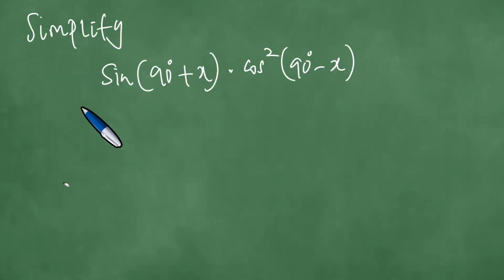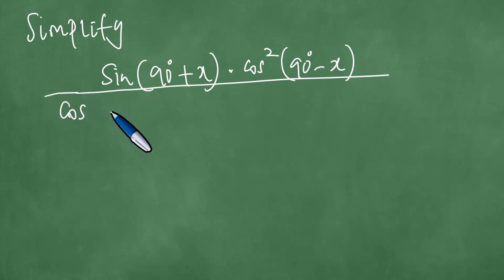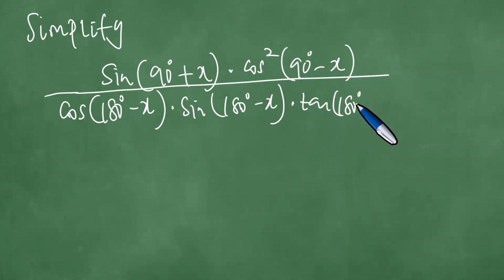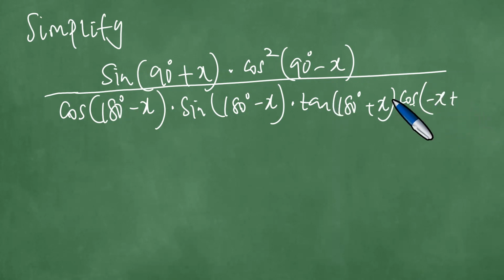And you divide by the following: cosine of (180 degrees minus x), the sine of (180 degrees minus x), the tangent of (180 degrees plus x), the cosine of (minus x plus 360 degrees).